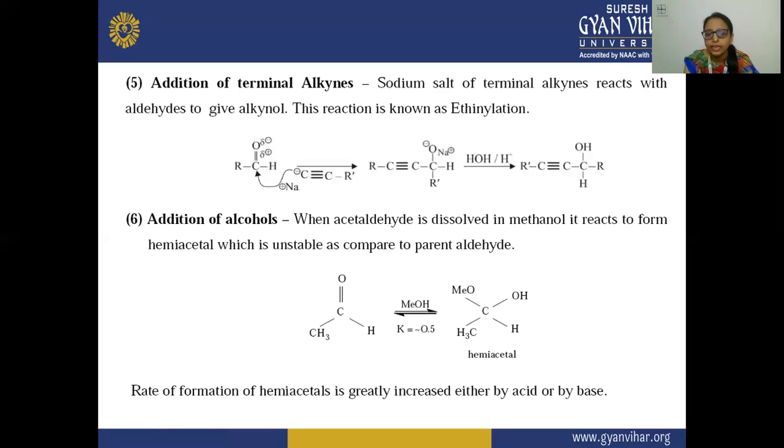When acetaldehyde is dissolved in methanol, it reacts to form a hemiacetal, which is unstable as compared to the parent aldehyde. So here, this acetaldehyde is reacting with this methanol, and there is a formation of this hemiacetal. It is an unstable form as compared to the parent aldehyde.